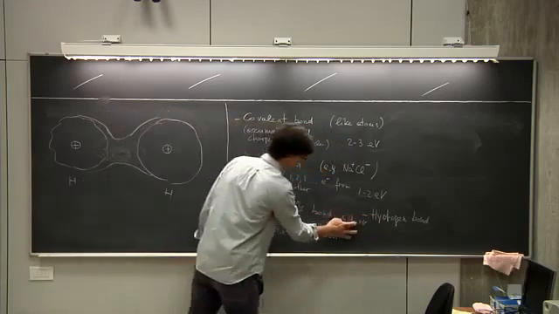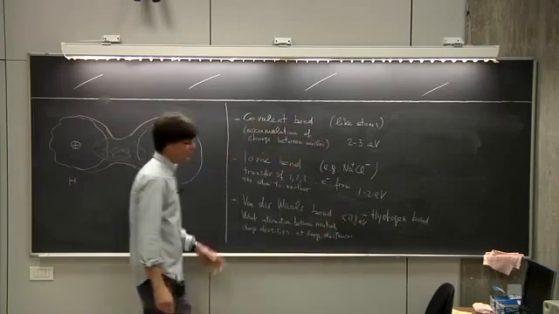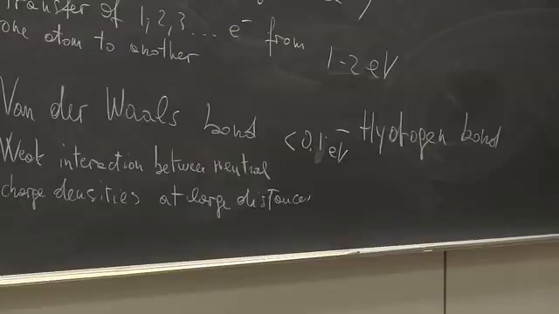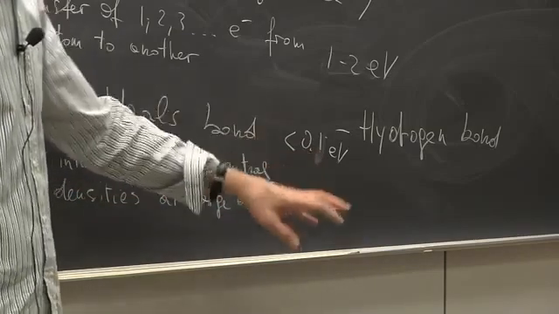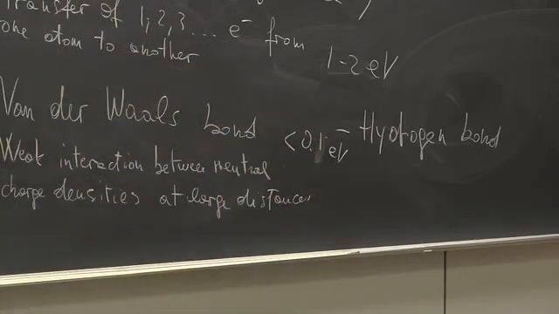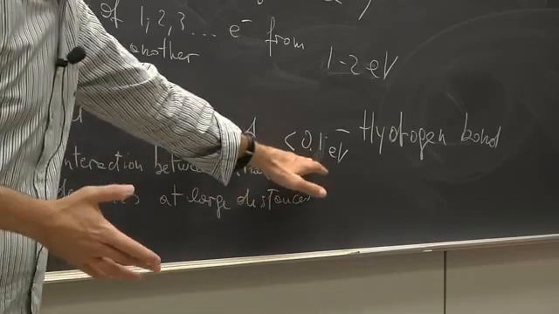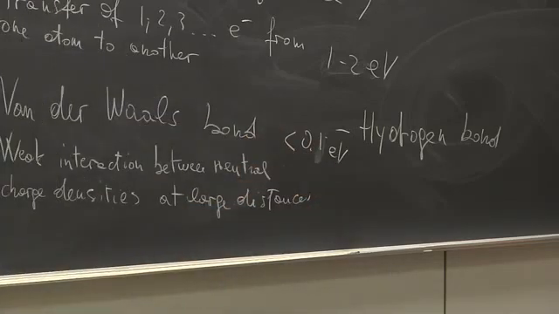Probably even less than that, 0.1. Again, there is no clear distinction between what is what, but typically these bonds have less than 0.1 electron volts per pair of atoms, of course. Per pair of atoms, right? So if you form a bond between macroscopic objects, the energy that you are playing with is much larger, of course, because you have to multiply times the number of atoms.